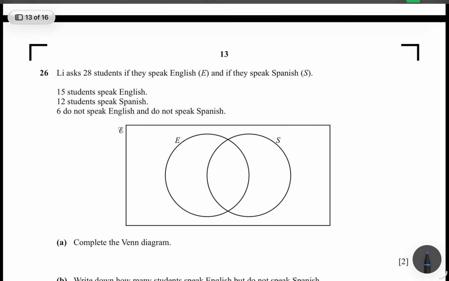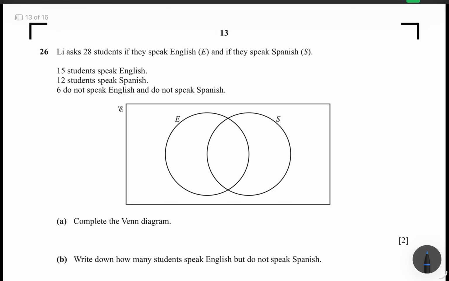Now number 26, Lee asks 28 students if they speak English. There are 28 students in total, and they speak English or Spanish. So you can see we have been given certain conditions here. 15 students speak English, 12 students speak Spanish, and 6 do not speak English and do not speak Spanish. So that means these 6 are going to go outside the circles.